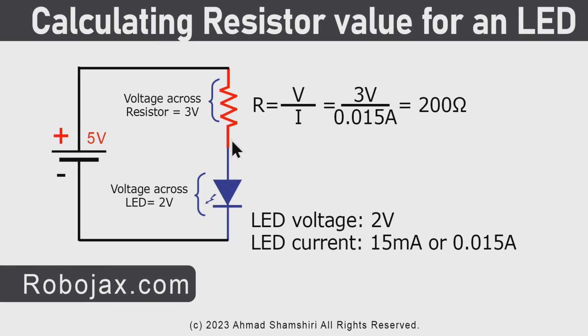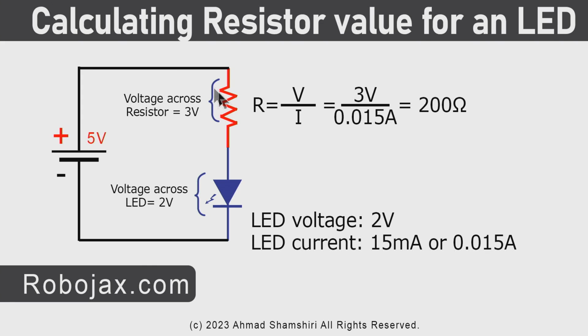Now let's see how we do the calculation. We have a 5 volts power supply, and we want to turn on an LED. The LED has a voltage of 2 volts, and for this LED to be turned on, we need 15 milliampere, or 0.015 ampere, current to pass through it.